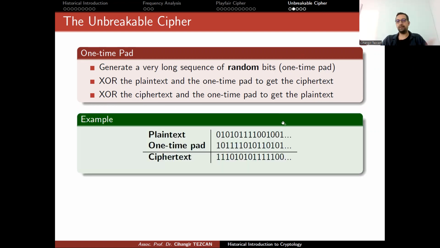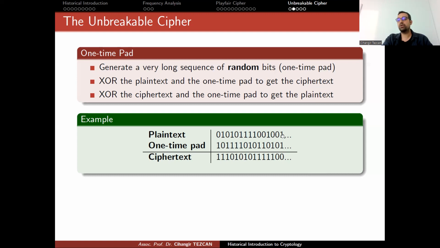So first, let's talk about what an XOR is. XOR is short for exclusive OR operation. XOR means that it is actually an addition modulo 2. So it is like simple addition. Once you add 0 to 0, you get 0. If you add 0 to 1, you get 1. If you add 1 to 0, you get 1.